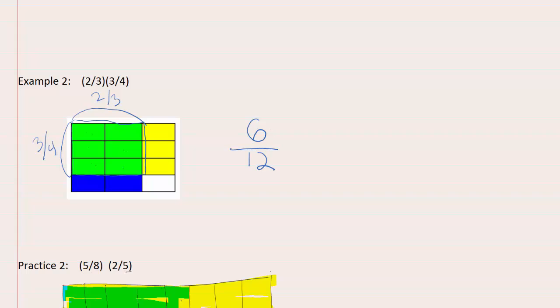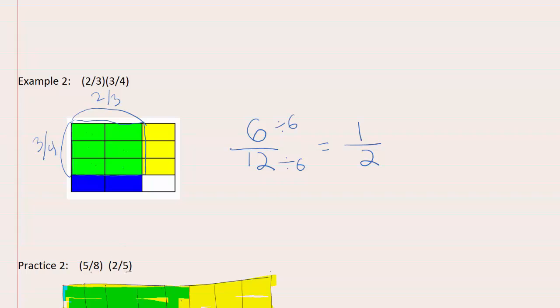So that's going to be the same as 6/12. And this is actually a fraction that we can reduce down some. So I'll divide the top by 6, divide the bottom by 6, and I will get 1/2 as my final answer.